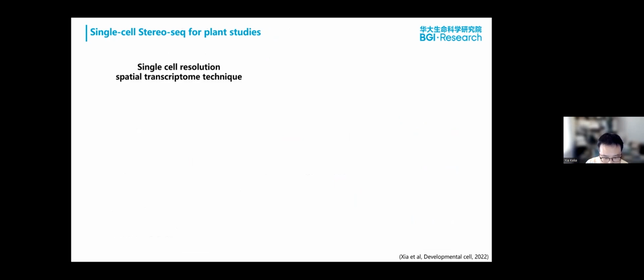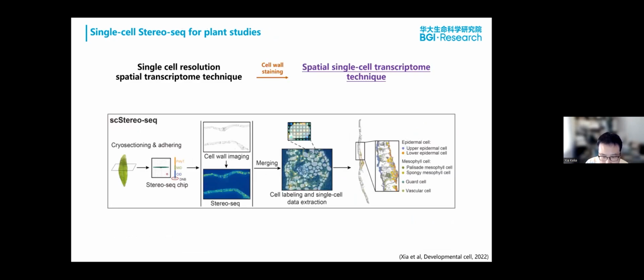Stereo-seq plus cell wall staining, the single cell resolution spatial transcriptome technique was upgraded to a spatial single cell transcriptome technique. We performed cell wall staining on the same chip to visualize cell-to-cell boundaries.